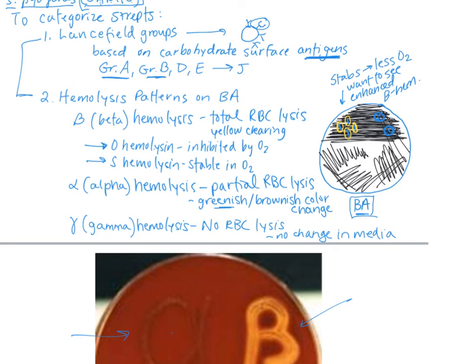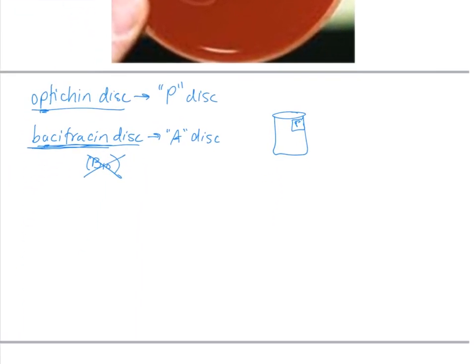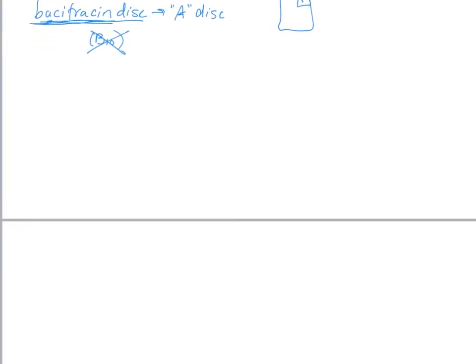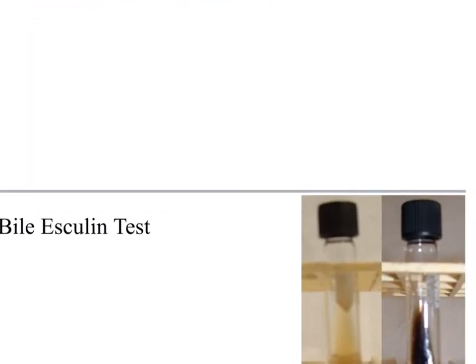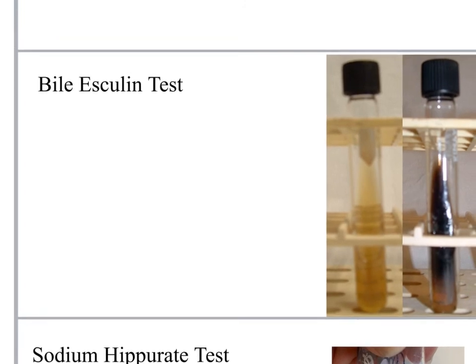And again, you're really only looking for a really small zone around there, so you can have them pretty close together and still give you the information that you need. Okay, so that's the plate that you're going to inoculate. And that's what we have for lab 14.